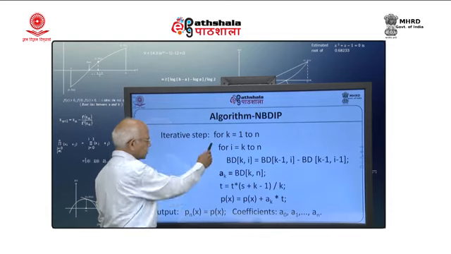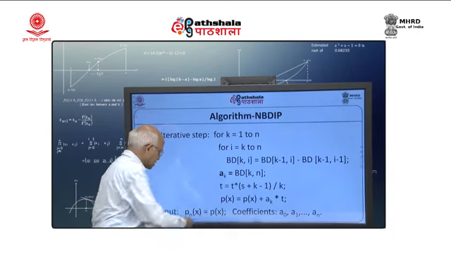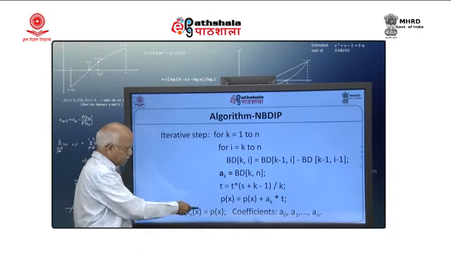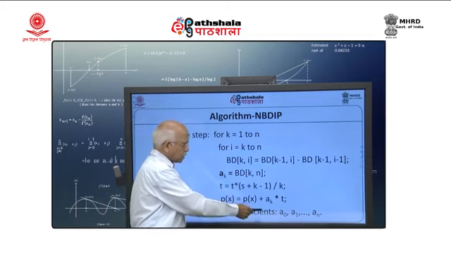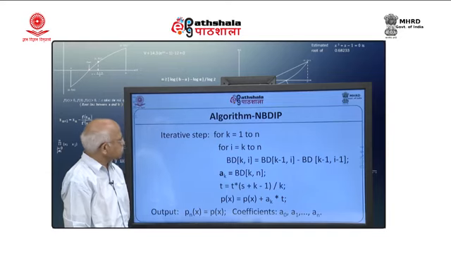So, when this for loop finally gets over, I get everything and I will get a value of p x. So, naturally the output will be p n x is equal to p x, and the coefficients a 0, a 1, a 2, a 3, up to a n will also be given as output. So, this is backward difference.